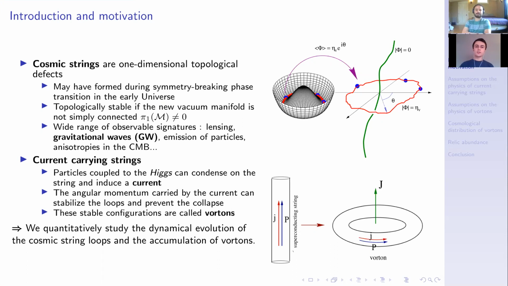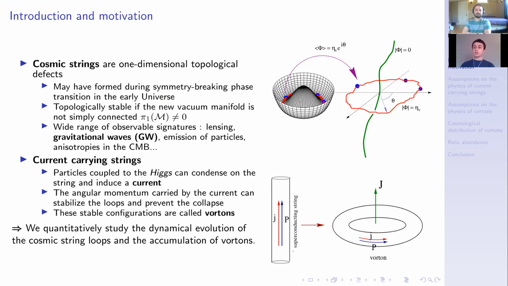So cosmic strings are one-dimensional topological defects, and you expect them to be formed in most symmetry-breaking phase transitions in the early universe. So that can be QCD, electroweak scale, or in what interests me more, grand unification theories at higher energies.